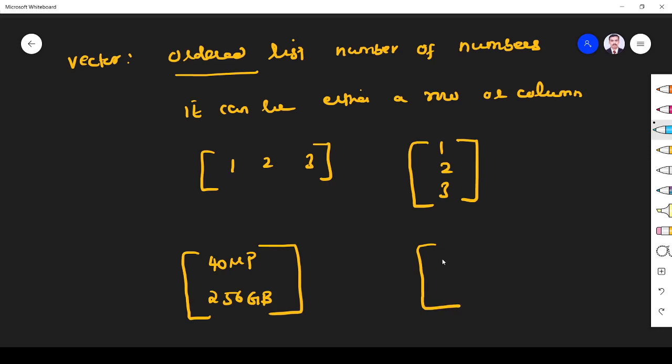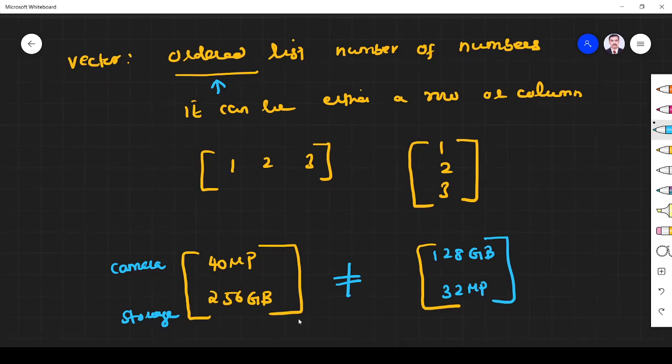If I list the second mobile phone as storage of 128 GB and camera capacity of 32 megapixel, my notation is wrong. The list must be ordered. If I start specifying my mobile phone in this manner, everything should be specified in the same order. Here I define camera first, storage next. Here I define storage first, camera next. So these two are not equal. That's what a vector is, an ordered list of numbers.